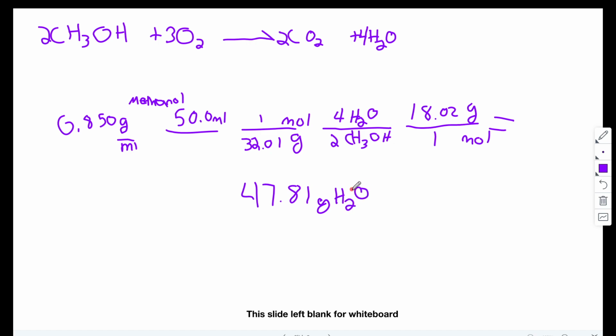Okay. And this should give us a good basis for which we can solve a variety of problems. In general, all stoichiometry problems will begin and end with the same sort of idea, that we're starting with some unit and we have to get it to moles and then convert it from moles to something else.